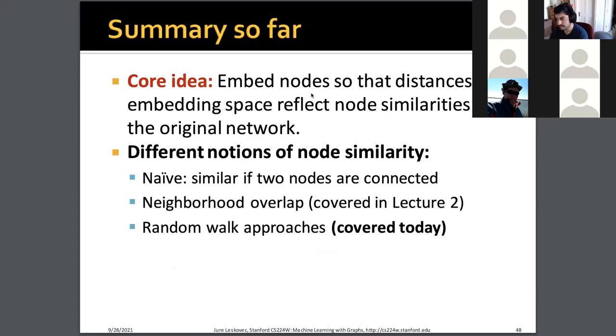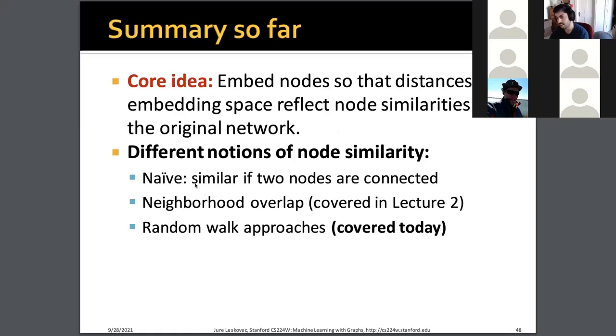So I've said this a few times, but the overall idea is we want the embeddings for each of the nodes to be similar for nodes that are similar, and far away for ones that are not. And we looked at various different ways of doing this. The simplest possible approach for measuring similarity is just asking, is this node connected to this other node?